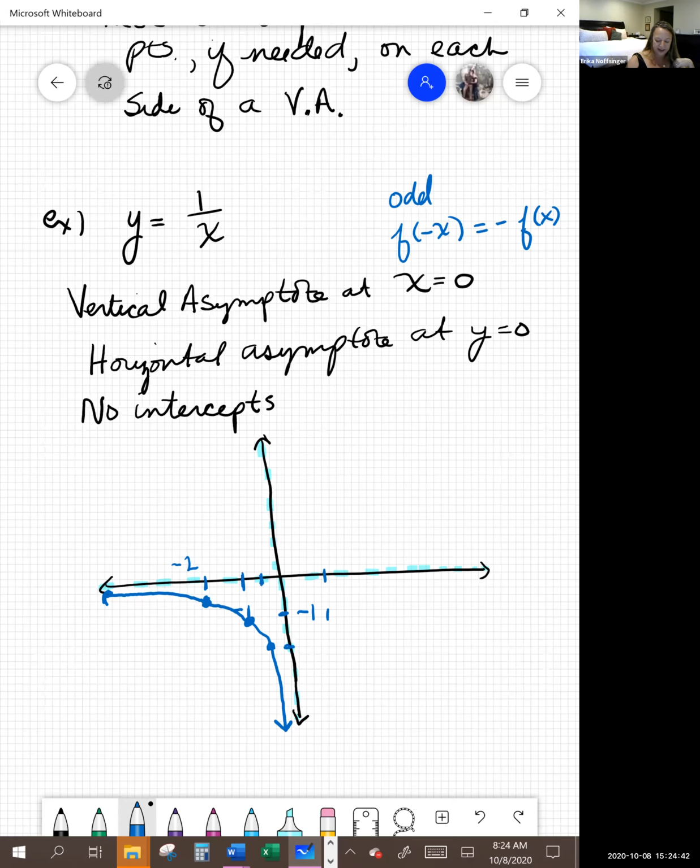So we can use that fact and plot other points, or we can just go in and plot it. So if x equals 1, I get 1 over 1, which is 1. If x equals 2, I get 1 over 2, which is 1/2. If x equals 1/2, I get 2. So my graph on the right-hand side of that vertical asymptote has to look like this.